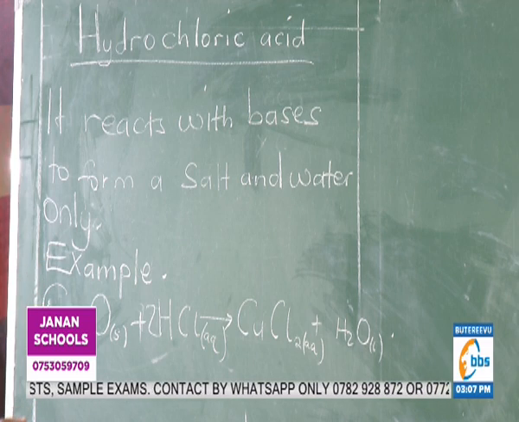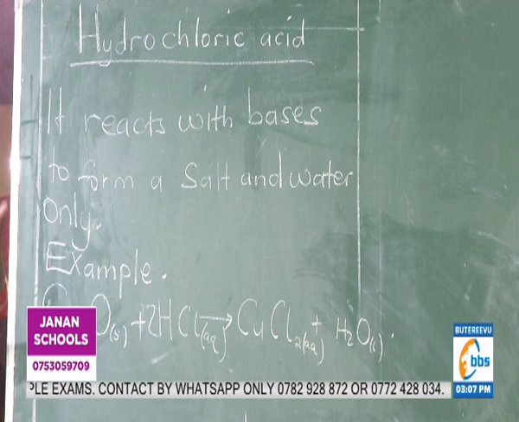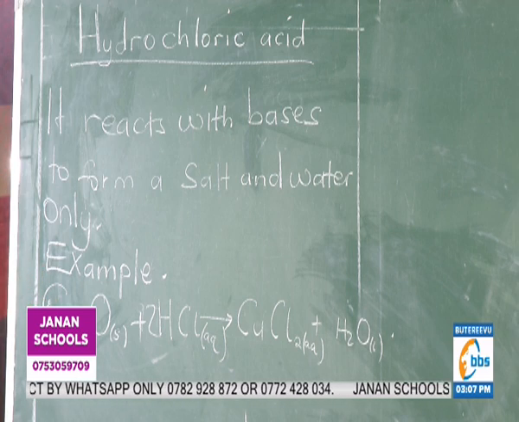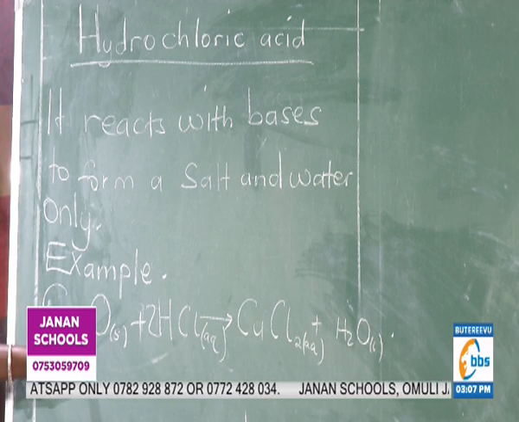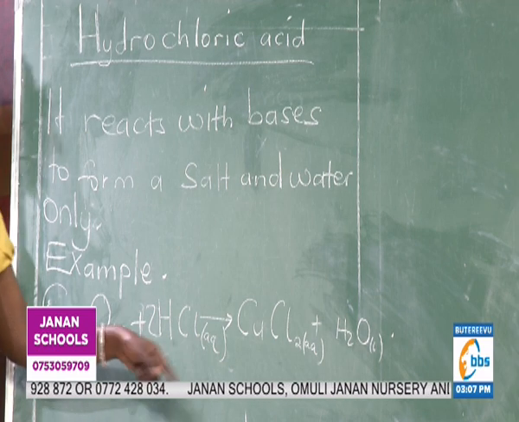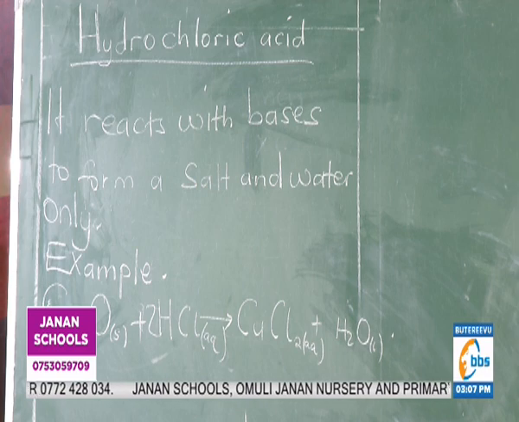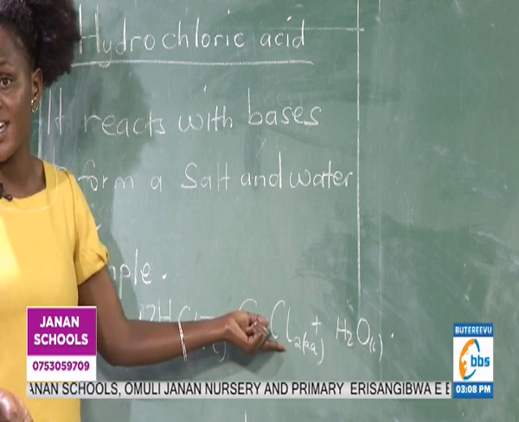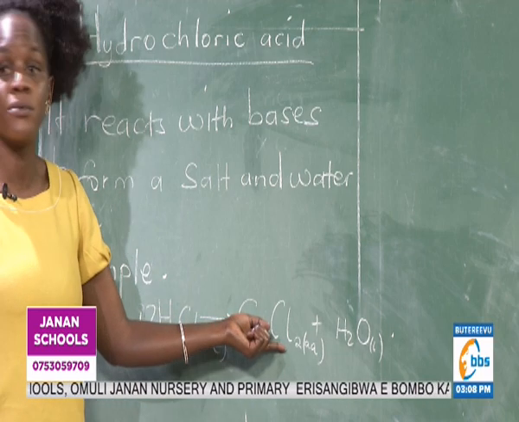Please remember, they may tell you to write the observation. Remember, copper 2 oxide is a black solid. Hydrochloric acid is a colorless liquid. And copper 2 chloride is blue. Therefore, it's a blue solution.